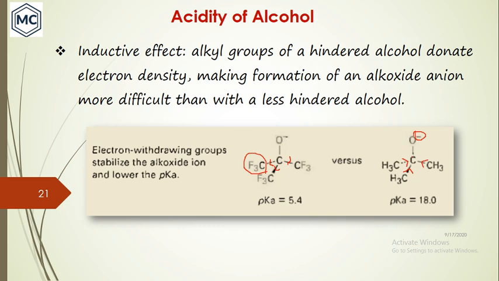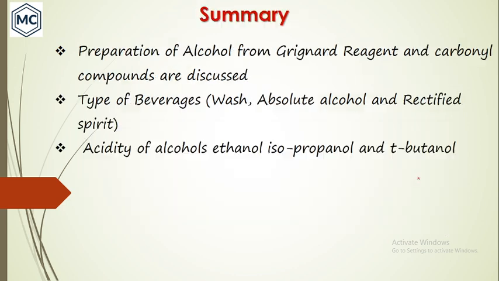Whereas a plus I group concentrates the charge on the oxygen atom, so it destabilizes the conjugate base. Then it becomes a weak acid when compared to ethanol and methanol.